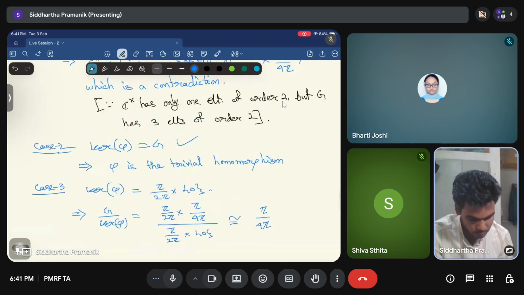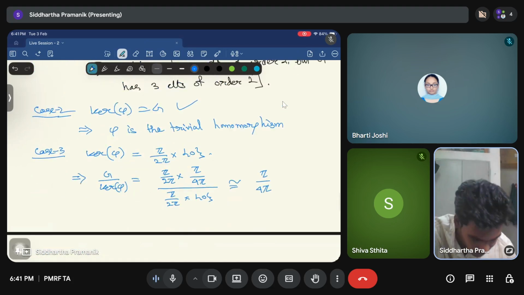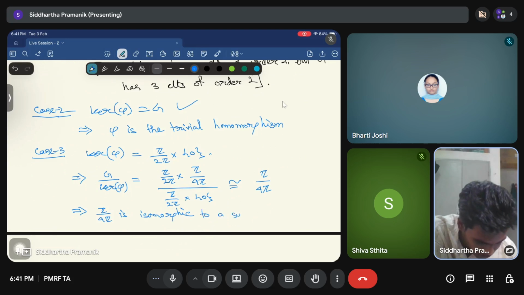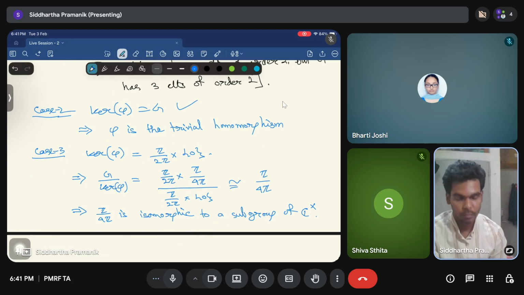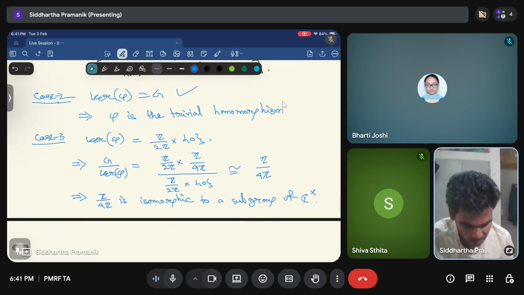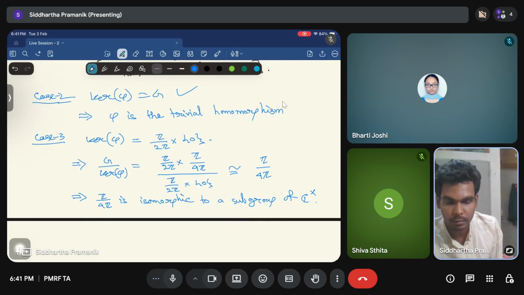So in this case, Z mod 4Z is isomorphic to a subgroup of C star, right? And this is possible, because C star contains a cyclic group of order 4.